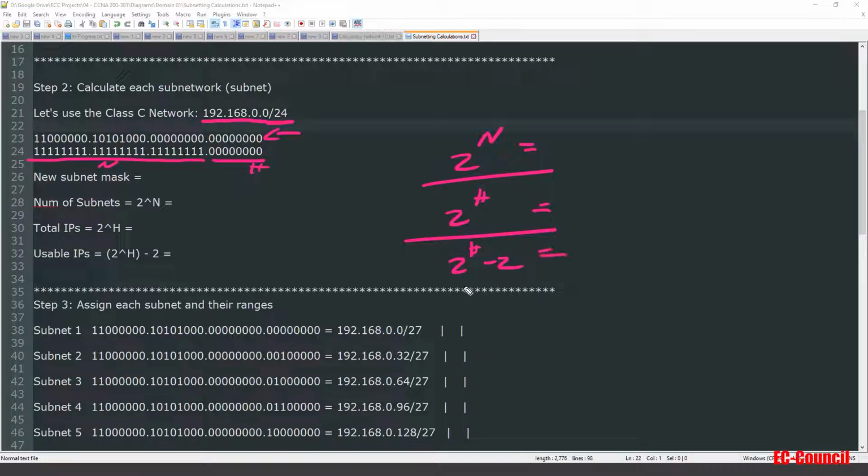This third formula will give us usable IPs. So let's take a look at the total number of IPs that are available in this network here. We have 8 bits that represent the host portion. So therefore 2 to the power 8 is equal to 256 total IPs.